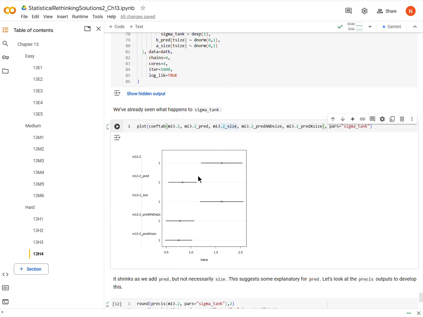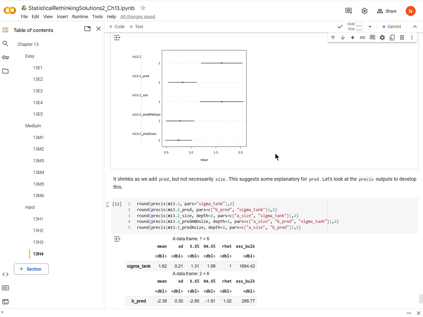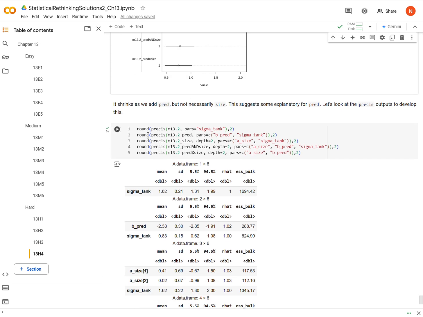And you see the same pattern. So again, the tentative conclusion was that predation is apparently explaining something, and size does not seem to be. And so what we're going to do is look at the precis outputs of each of these models and look at the coefficients for size and predation.